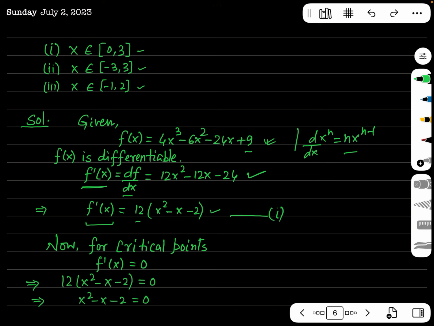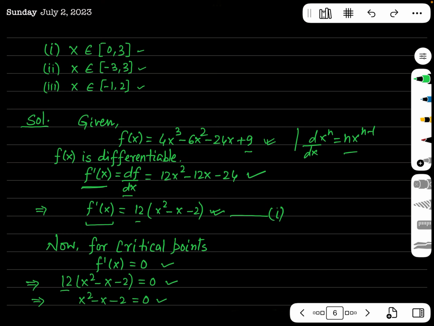Now we know for critical points f dash x equal to 0. And f dash you have obtained, this is equal to this much. So this will be 12 times x square minus x minus 2 equal to 0. But as you know that this 12 is a non-zero number, so you can definitely say since 12 is not 0, x square minus x minus 2 will be equal to 0.